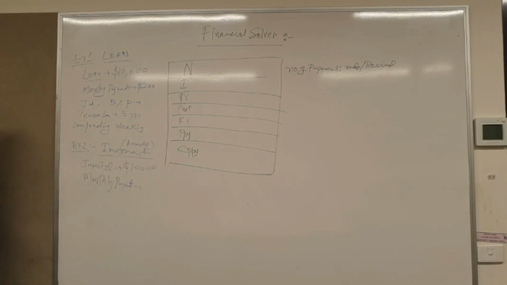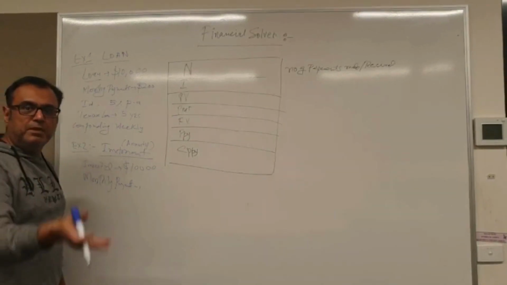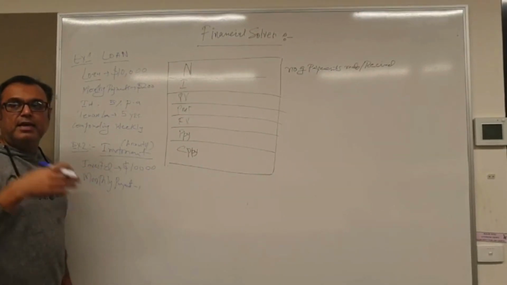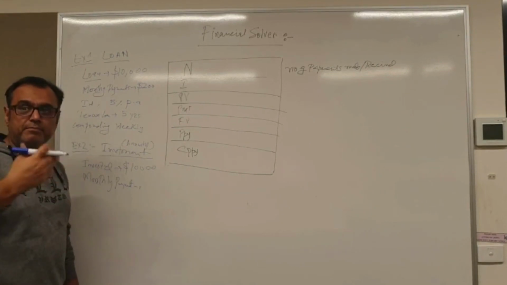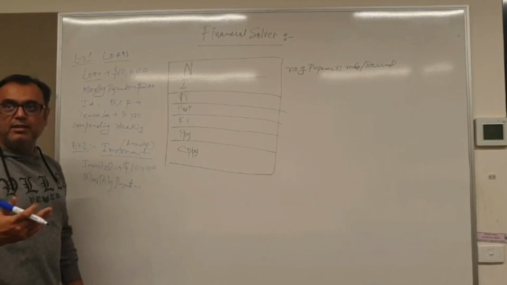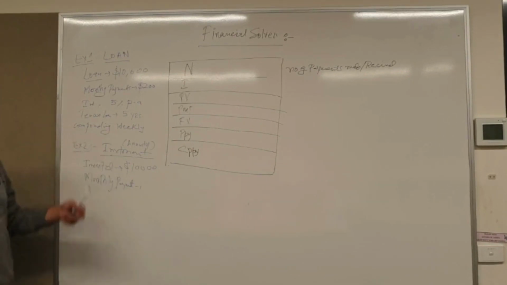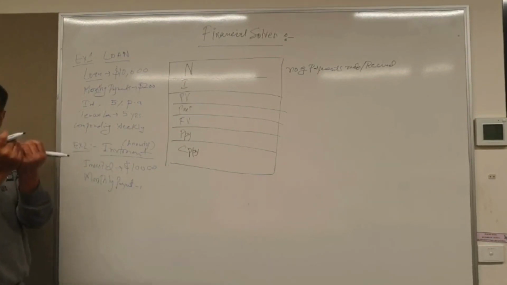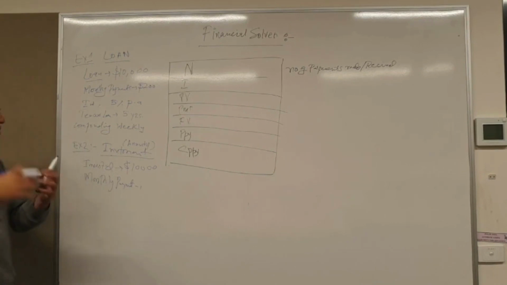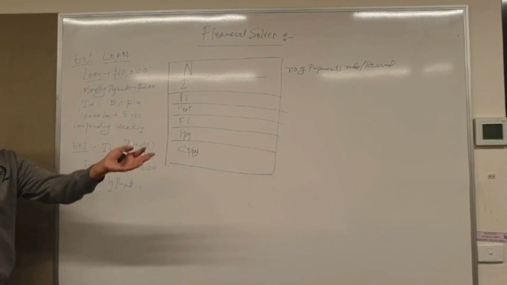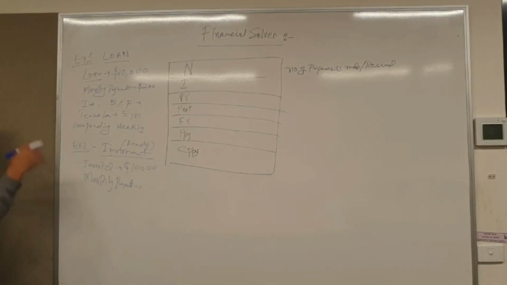We did talk about annuity, right? Someone giving their surplus money into the bank, and then the bank starts paying them at regular intervals at a given interest rate.